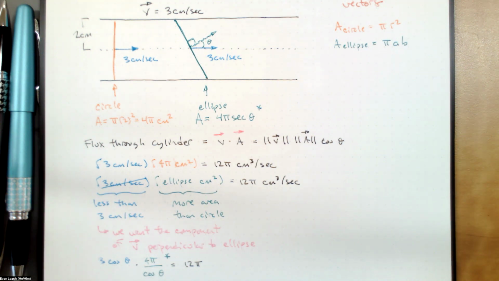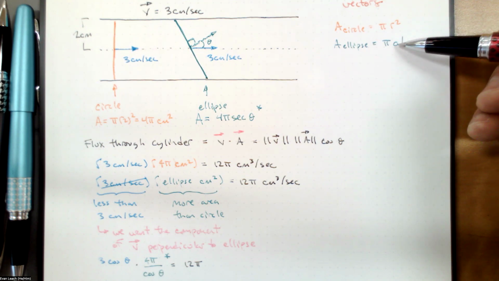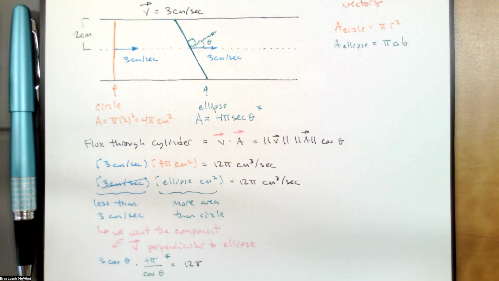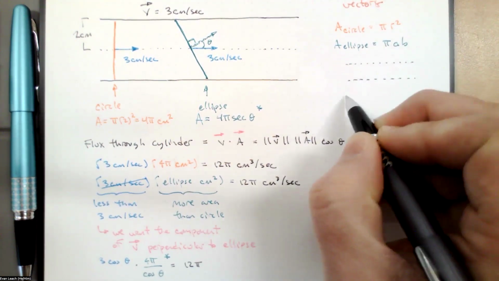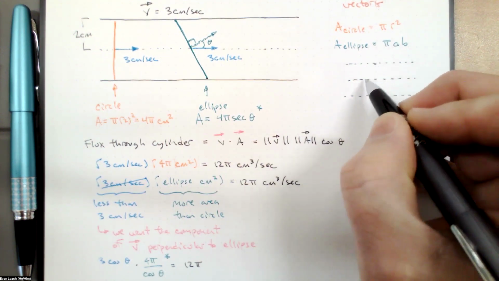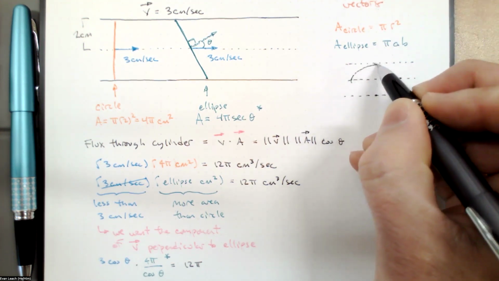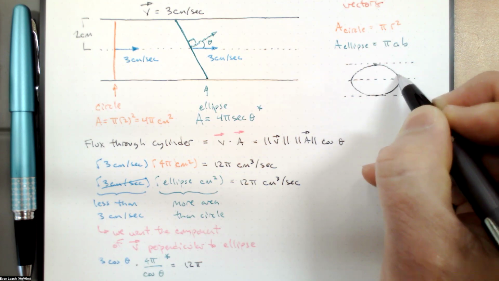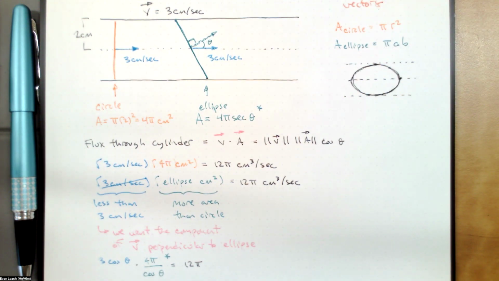So geometry-wise, we could figure out, when we look at the top view from side to side, that one of the radii, A or B, is just R. If we look at the top view, one value of A or B is going to be R, in this case 2.